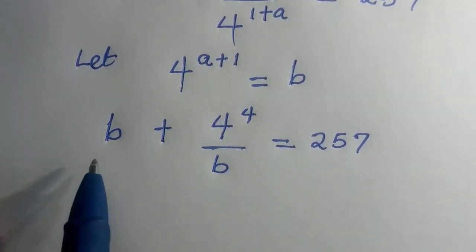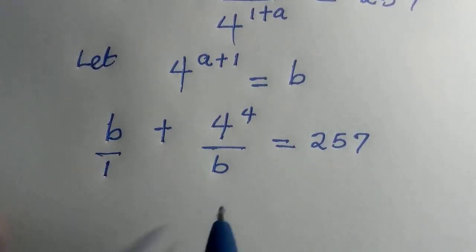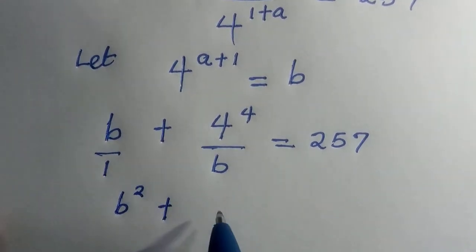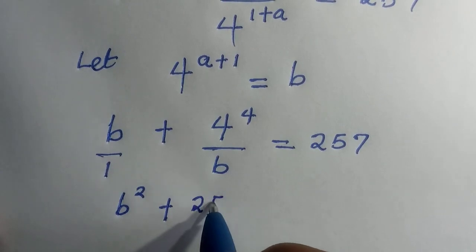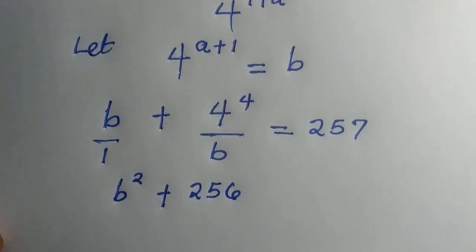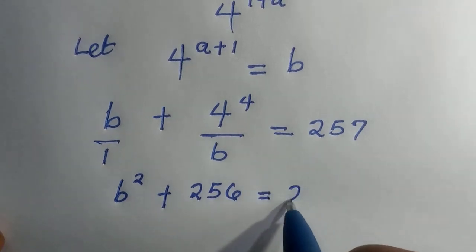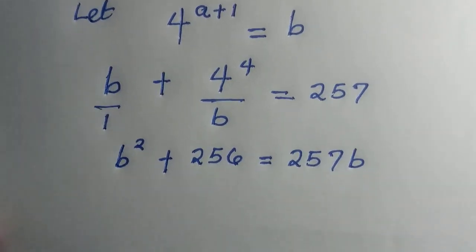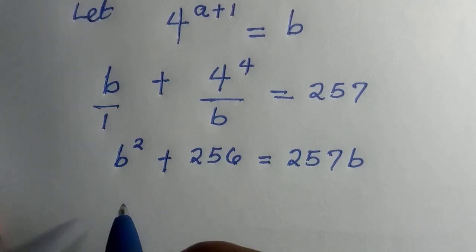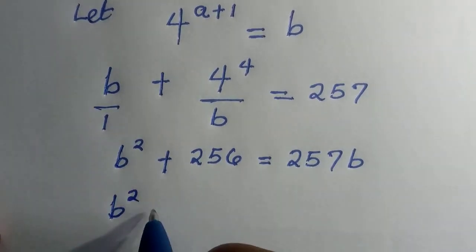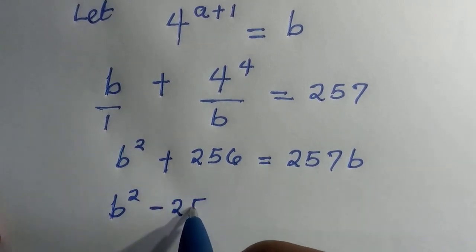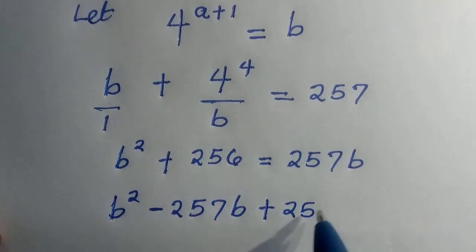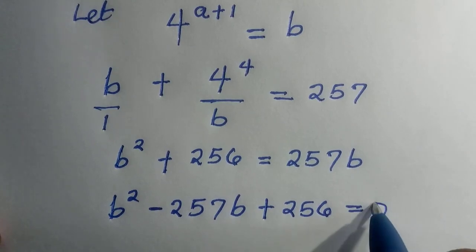So by finding the LCM, if this is divided by 1, we have b multiplied by b, that is b squared, plus 4 to the power of 4, which is 256, everything equals 257b. So by taking 257b to the left hand side, here we have b squared minus 257b plus 256 equals 0.